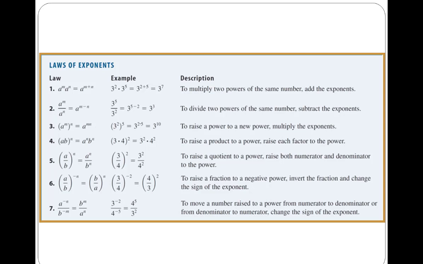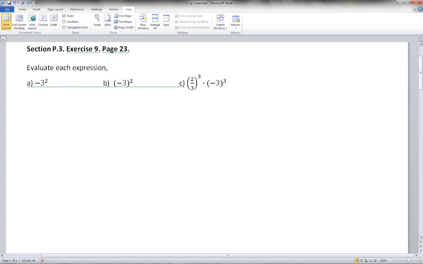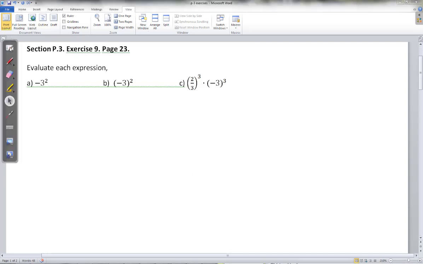Let's get to the exercises. The first problem we're going to look at is exercise 9 on page 23 of the book. All of these exercises are going to be in section P3. Starting off, this is just a problem dealing with the interaction of negative signs and powers.